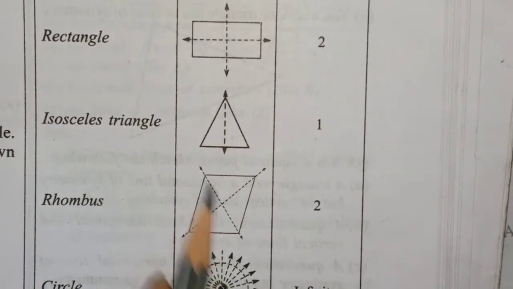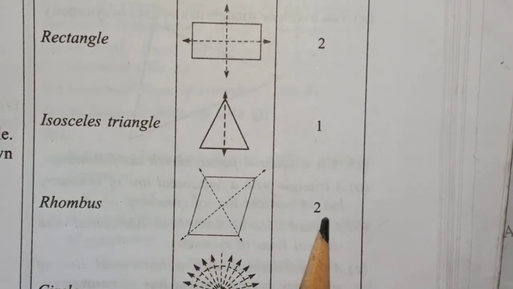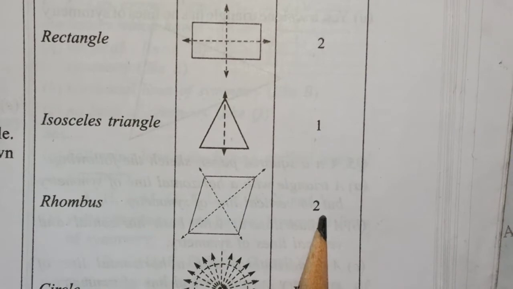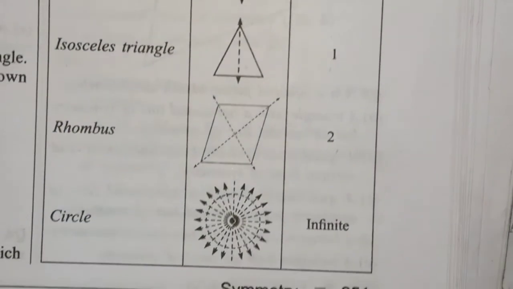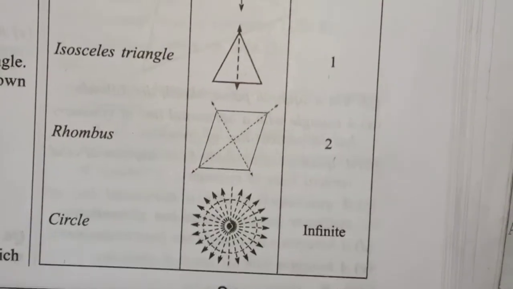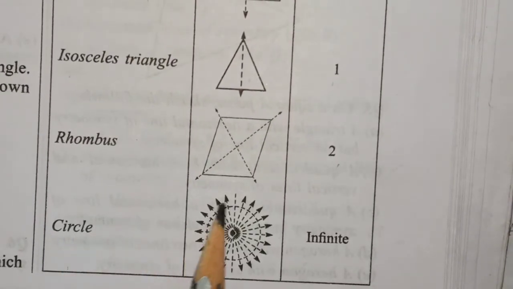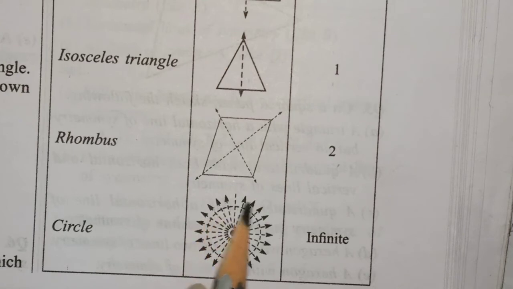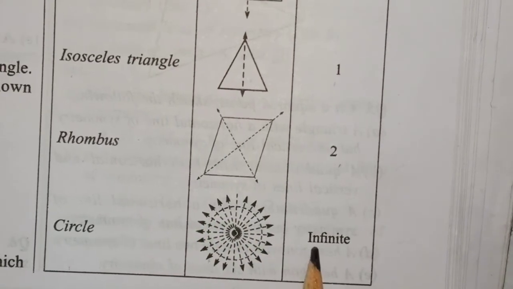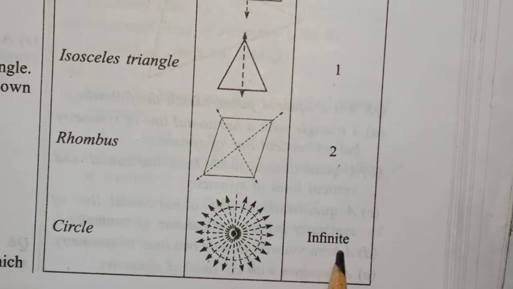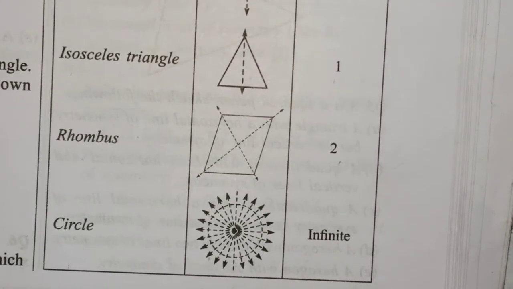Now for the rhombus we draw only 2 diagonals. Now in a circle we know that infinitely many symmetrical lines can be drawn, so the number of symmetrical lines is infinite.